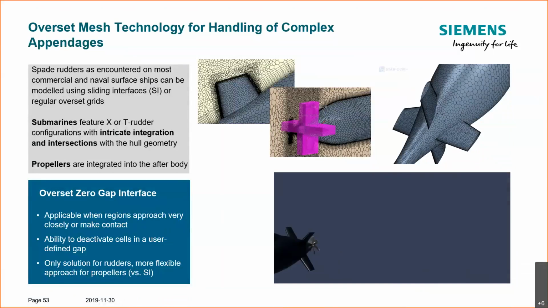They feature X or T rudder configurations with intricate integrations into and intersections with the hull geometry. And oftentimes also the propellers are integrated into the afterbody. So here our overset zero gap method, or the general overset method, which is very robust and fast, can be used to handle the appendages for such complex scenarios.